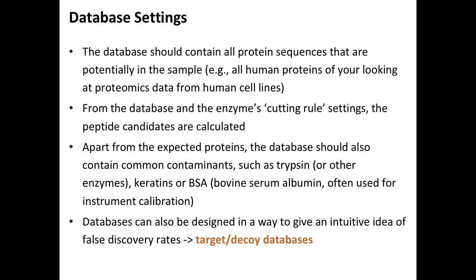When we're looking at databases, we would of course expect that the database contains all the potential candidates for our search. It is not so obvious how you would make sure that you can also get incorrect identifications, because if you want to make statistics on the identifications, it is good to know which of them are correct and which are definitely incorrect.